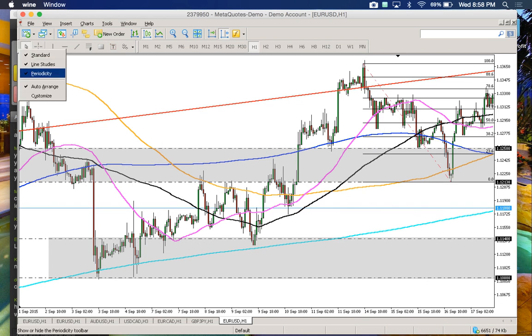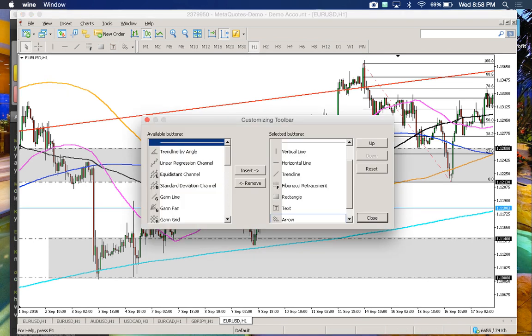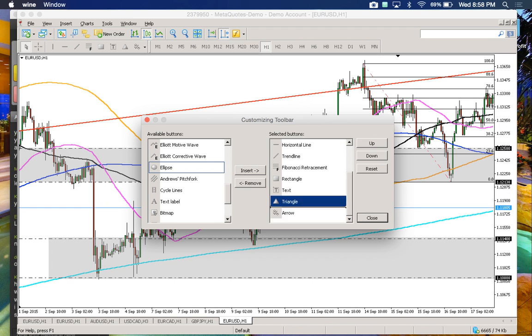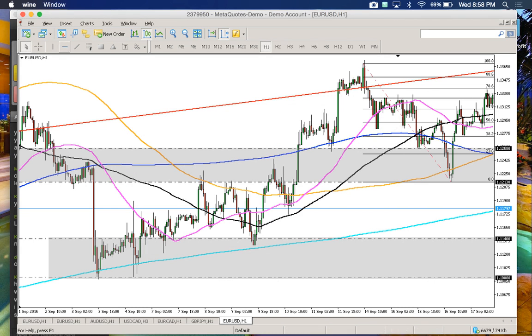Go back in here, go to customize. I want to add back my triangle, which I probably won't even use, honestly. I haven't really gotten to that Fibonacci. And then look, you could drag it into the position that you want. Now my triangle is next to my rectangle. So it's basically horizontal lines in a square.